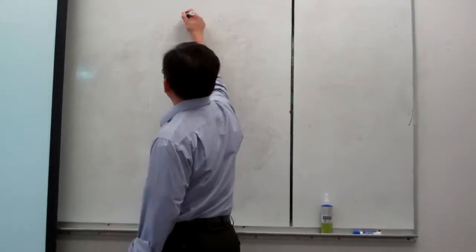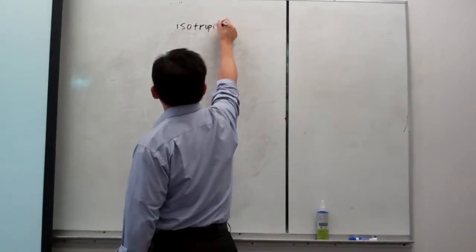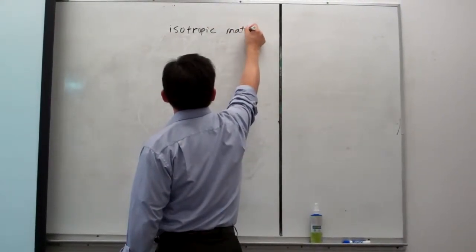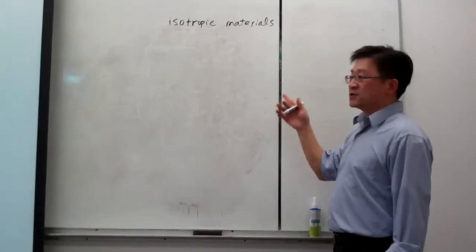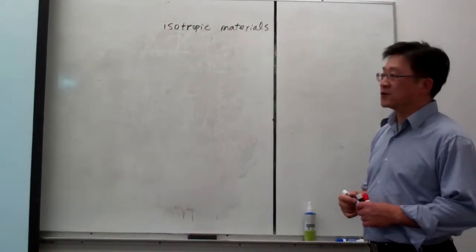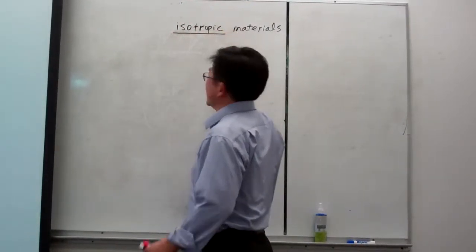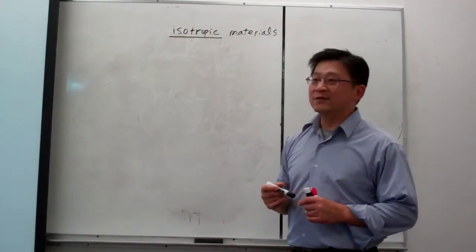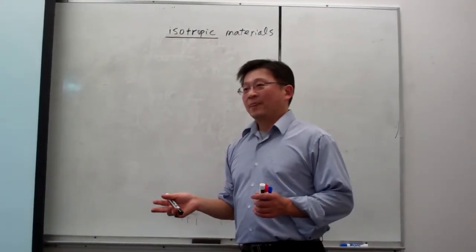Sometimes you have heard from me the term isotropic material. These terms didn't show up in our textbook. But anyhow, isotropic material means the material properties are the same in all directions.